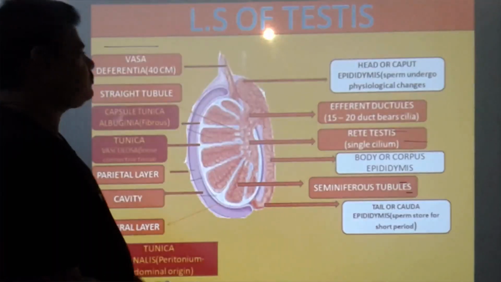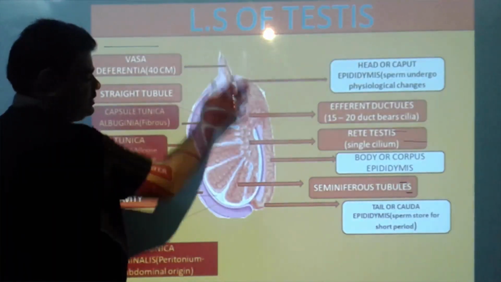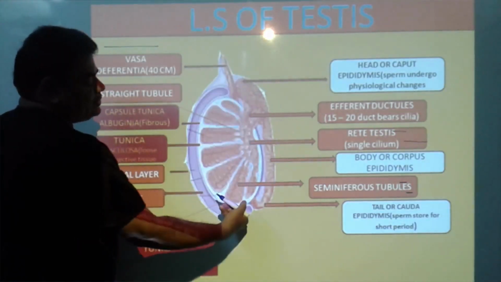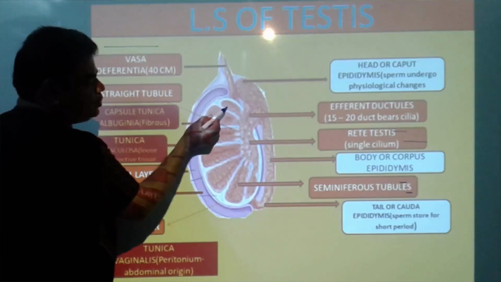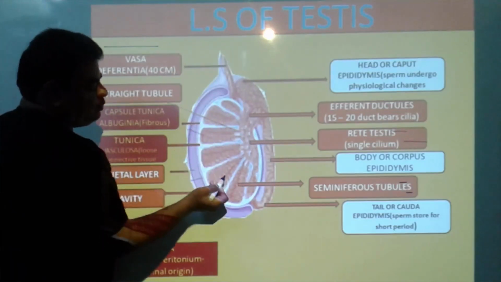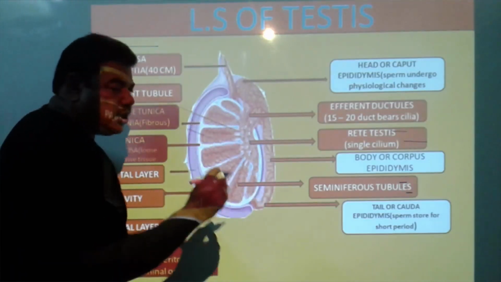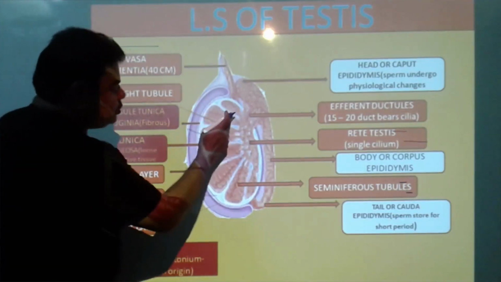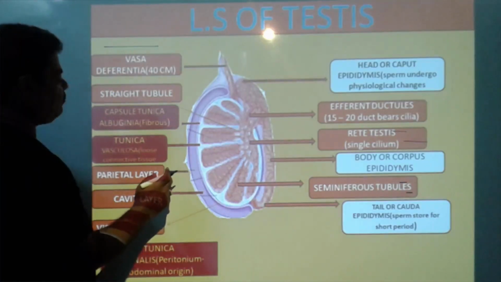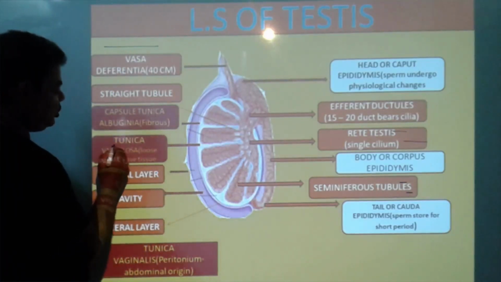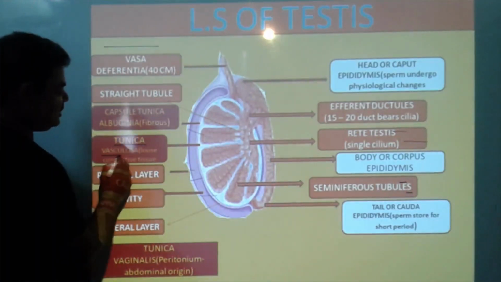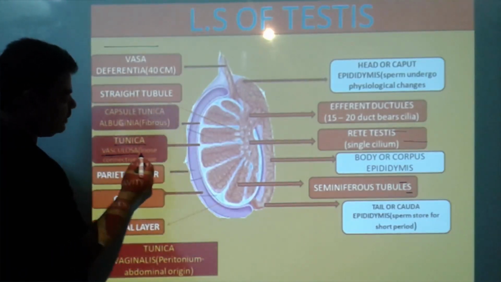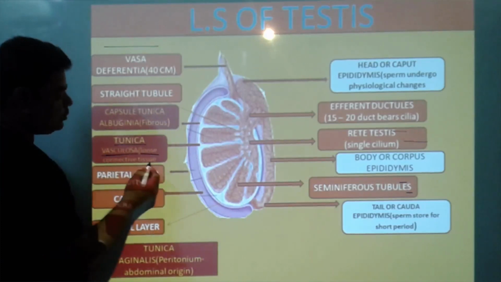See here, the T.S. of testis. If you see the T.S. of the testes, it shows 1, 2, 3, 4, 5, 6, near about 250 compartments. These 250 compartments are formed by the tunica vasculosa, which is made up of loose connective tissue.